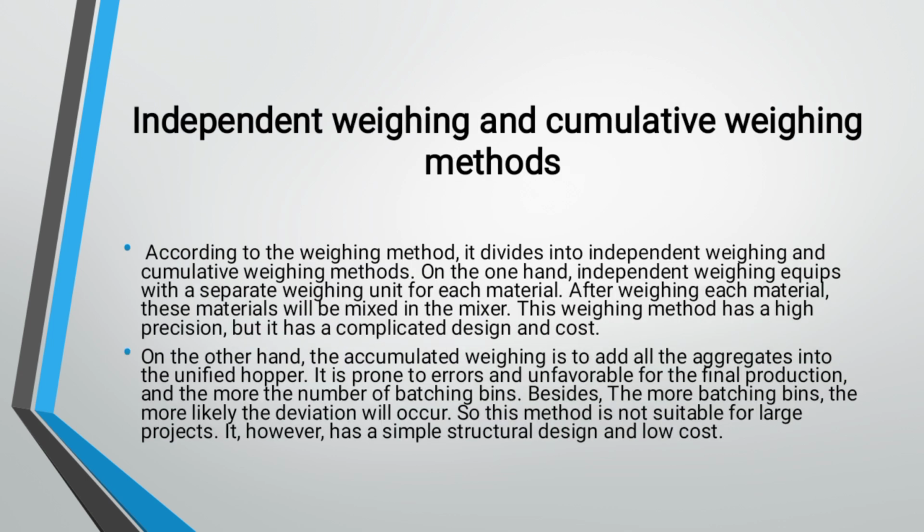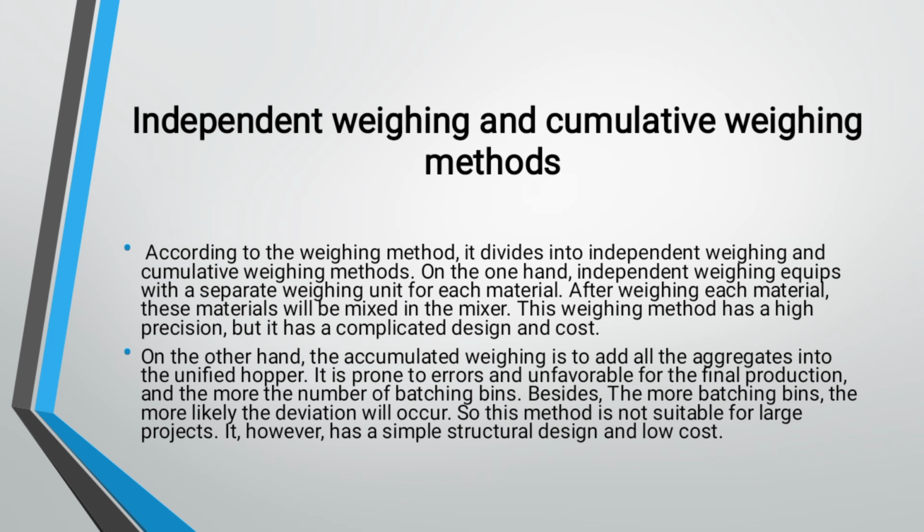Third one, we have the independent weighing and the cumulative weighing. In the independent weighing method, it is equipped with a separate weighing unit for each material, and after weighing each material, these materials will be mixed in the mixer. This weighing method is not highly precise because it has a complicated design and cost.